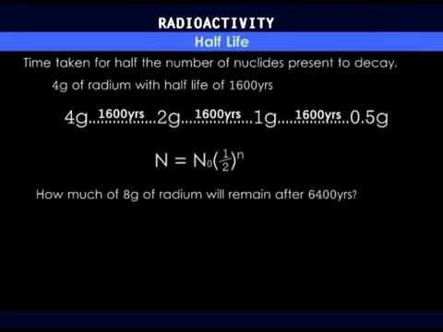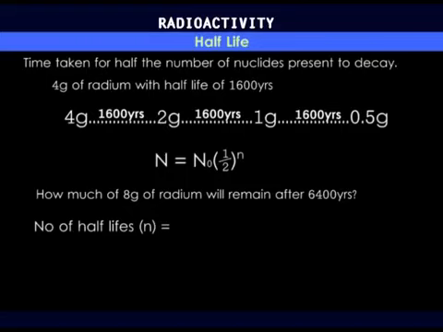For example, if we have 8 grams of radium whose half-life is 1,600 years, how much will be remaining after 6,400 years? Our formula, N is equal to N0 times a half raised to n. First we calculate n, the number of half-lives.